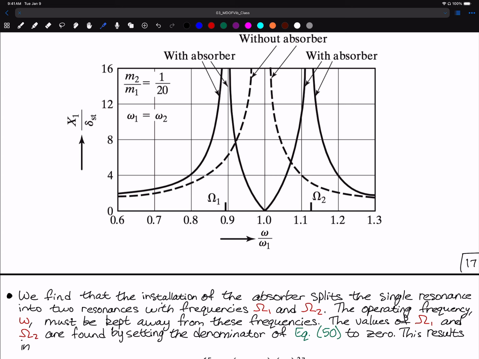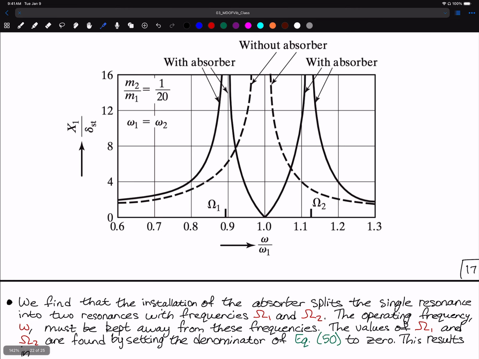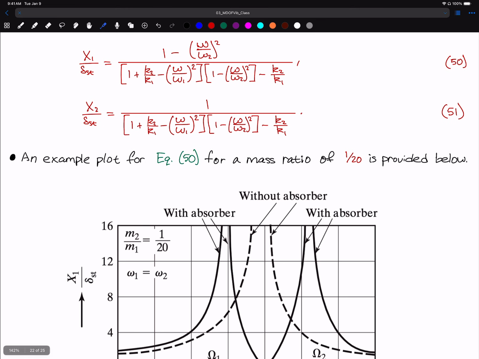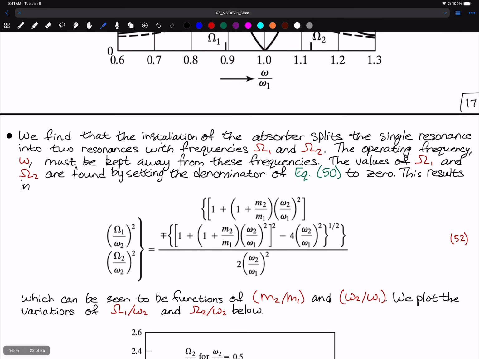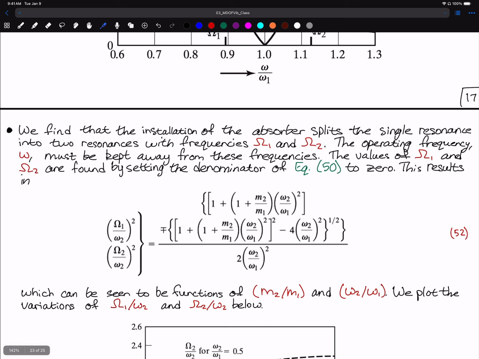And if not, then we're going to introduce resonance like I just discussed. So the values of capital omega 1 and capital omega 2 can be found by setting the denominator of equation 50 to 0. We set that to 0, and then you can find the following equation for these two natural frequencies.